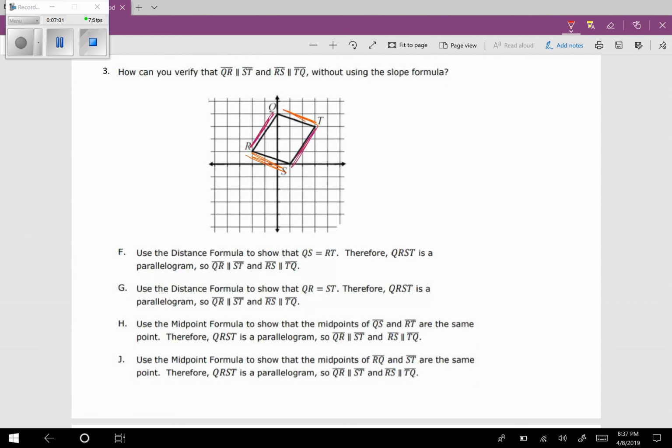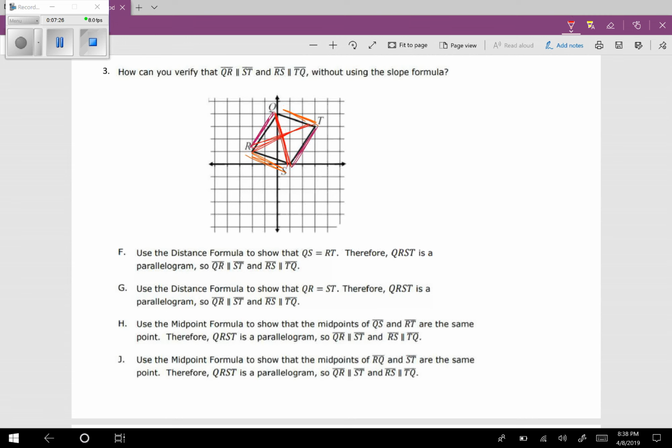Use the distance formula to show that QS, so we're talking about the diagonals here, QS is equal to RT, so congruent diagonals. Therefore, QRST is a parallelogram. So QR is parallel to ST, and RS is parallel to TQ.